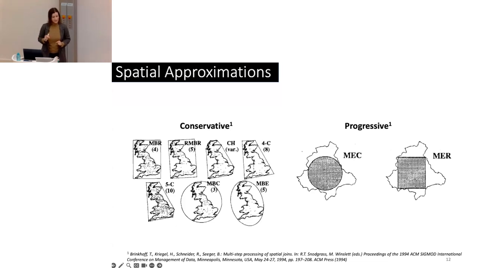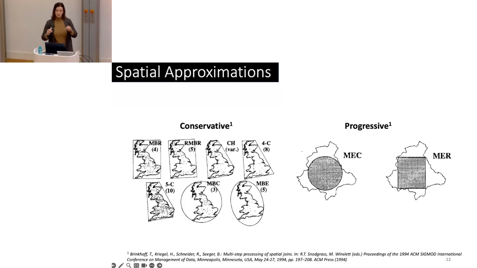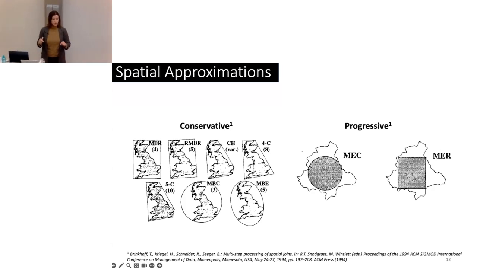And one last thing that I want you to notice on this slide is, if you look again at the conservative approximations, you see that we have also some numbers in parentheses. These are how many values we need to represent each approximation. So, for example, the minimum bounding rectangle is very simple.